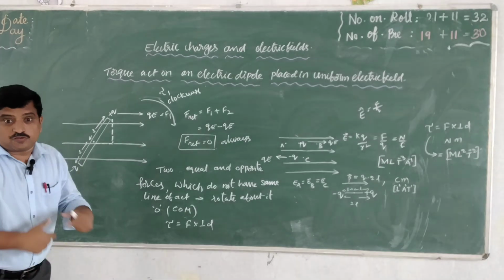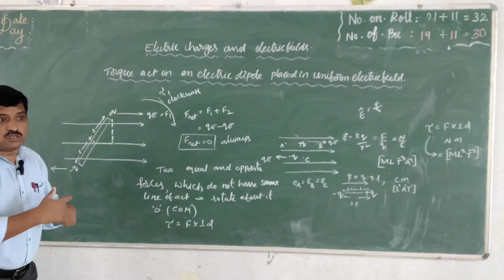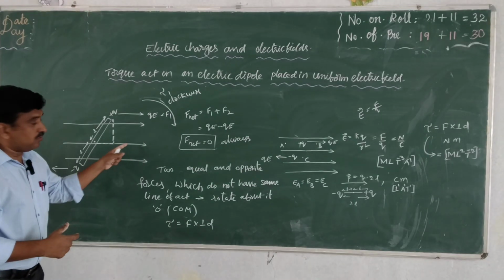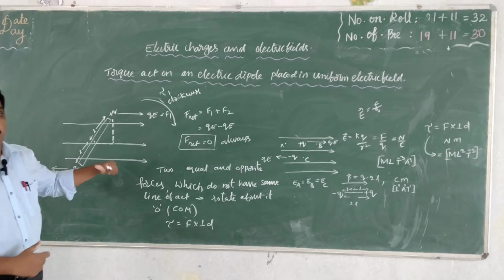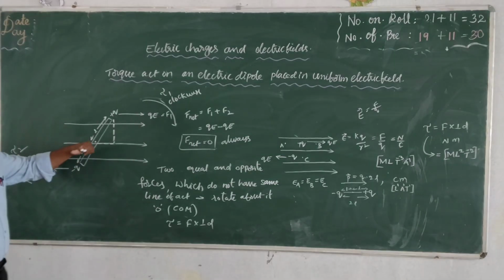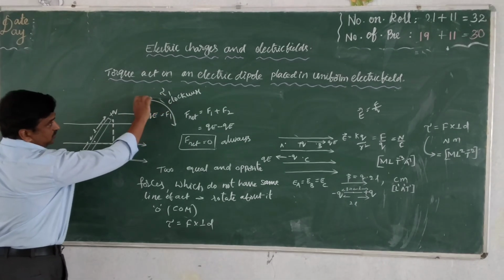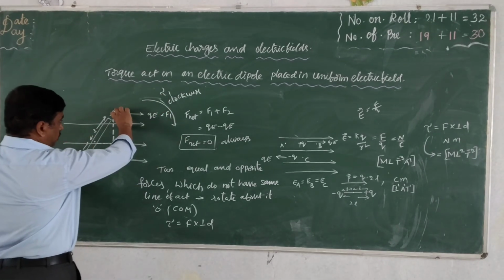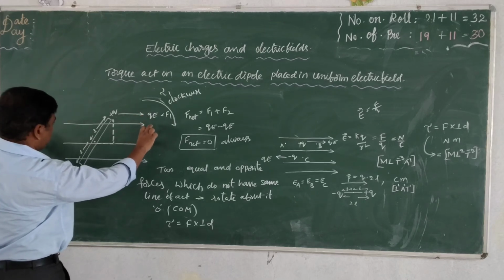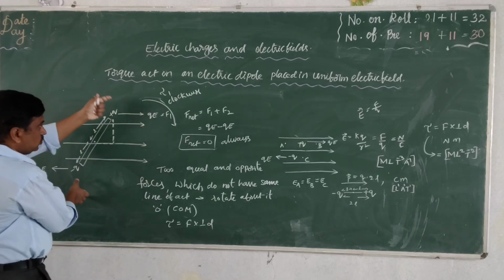See, because of torque, this electric dipole is rotating in the electric field about its axis, or about its center of mass. See here, there are two torques, one in the clockwise direction, here the torque is acting downwards, and on this side the torque is upwards. So it will be rotating like this.